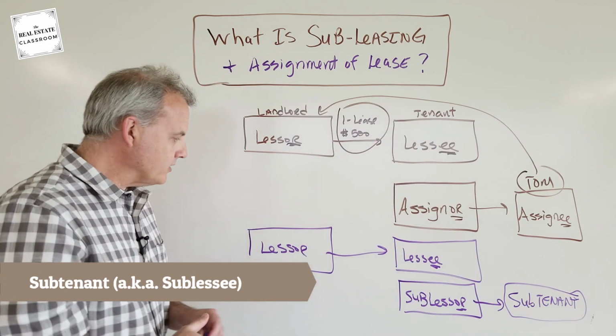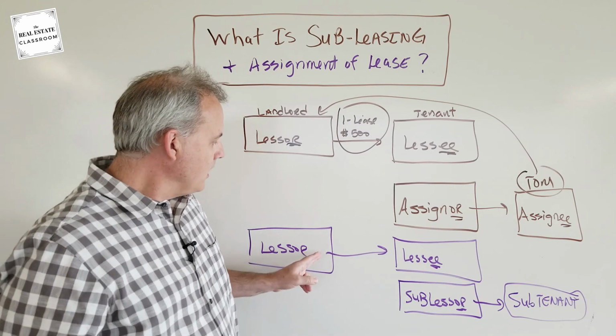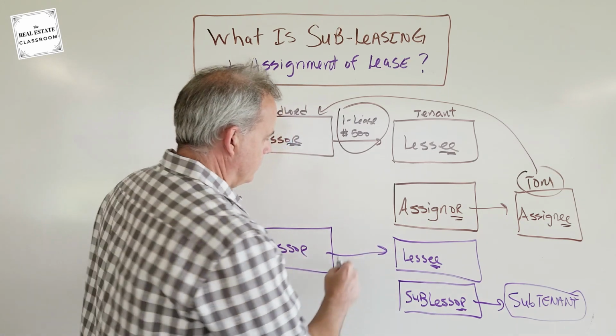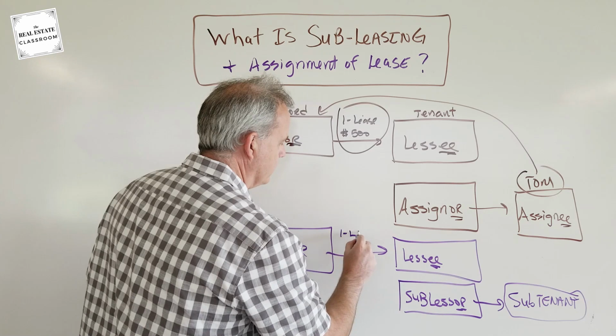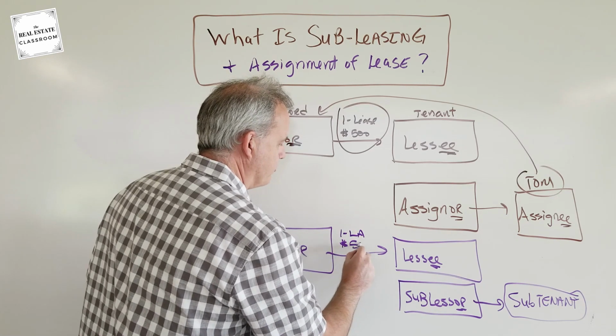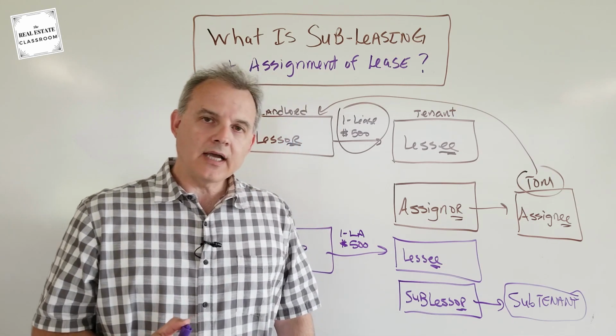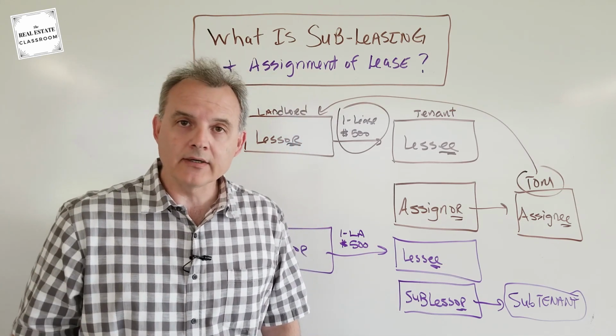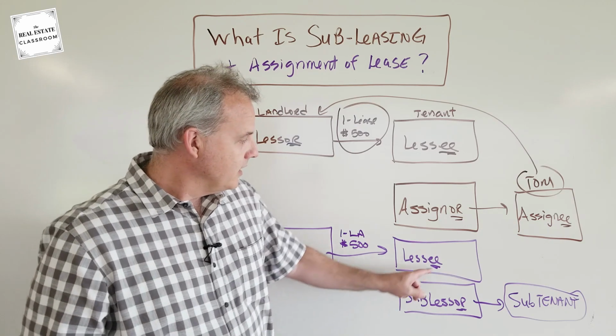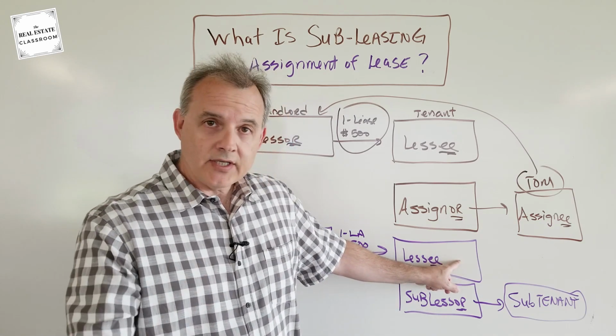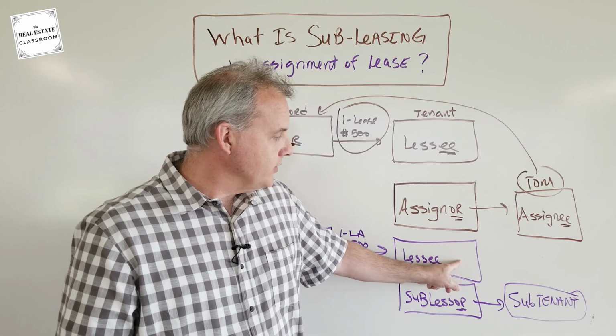All right? So here's how this works. The landlord rents the property out. It's a 1-year lease agreement at $500 per month. But the tenant says, hey, I think this property's under rented. I think I can make a couple of hundred extra a month. So the tenant finds a subtenant and says, hey, I'll move out, you can move in.